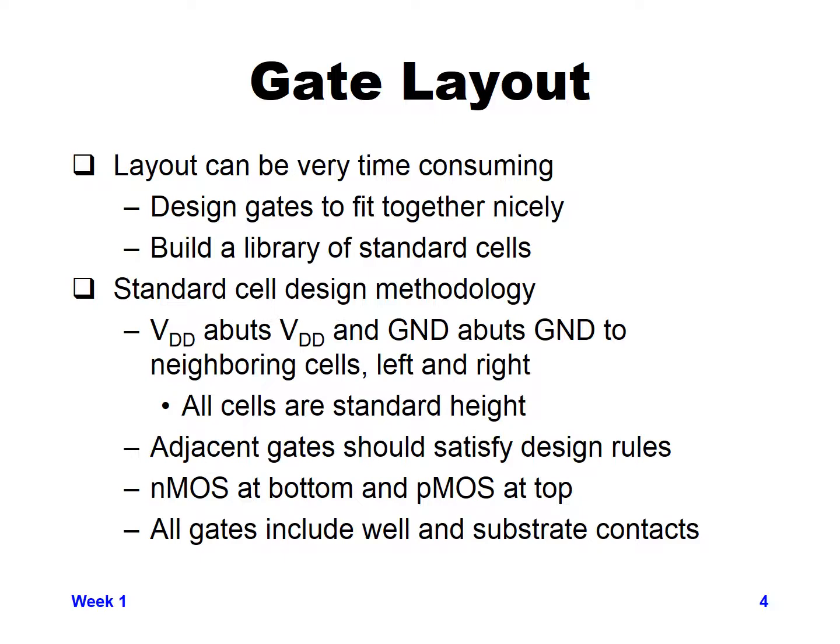And you want to make sure that when you place one given cell, like an inverter, down, and you might have a NAND gate placed just to the right of it, your VDD abuts to the VDD of the cell next to it. And the same thing with your ground. You want to make sure your ground of one cell abuts to the ground of the neighboring cell. That way you can put the cells together kind of like Legos, and they all fit together nicely.